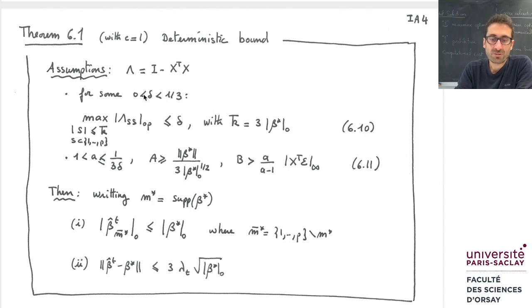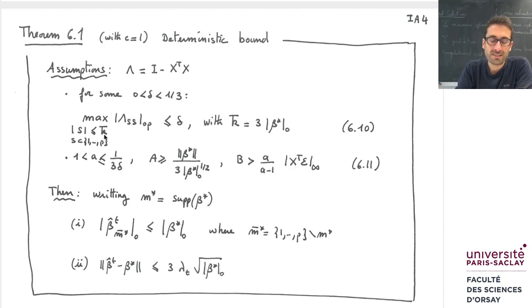The first assumption is on the matrix capital lambda, which is, I remind you, identity minus X transpose X. This assumption is similar to the compatibility constant assumption. It says that if you take a subset of variables, they are not that far from being orthogonal.